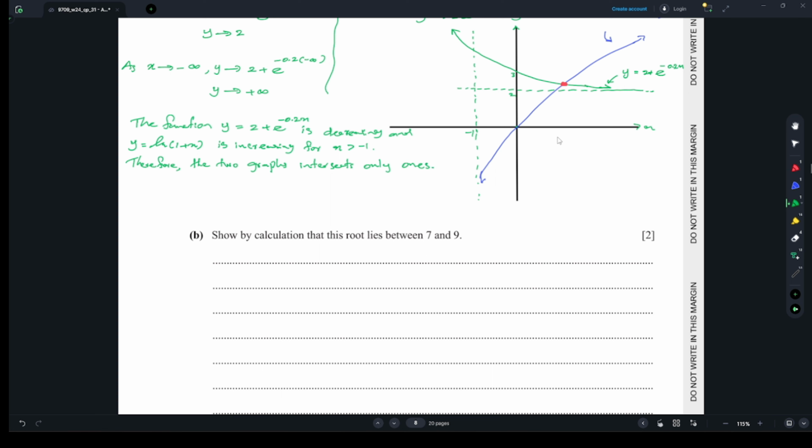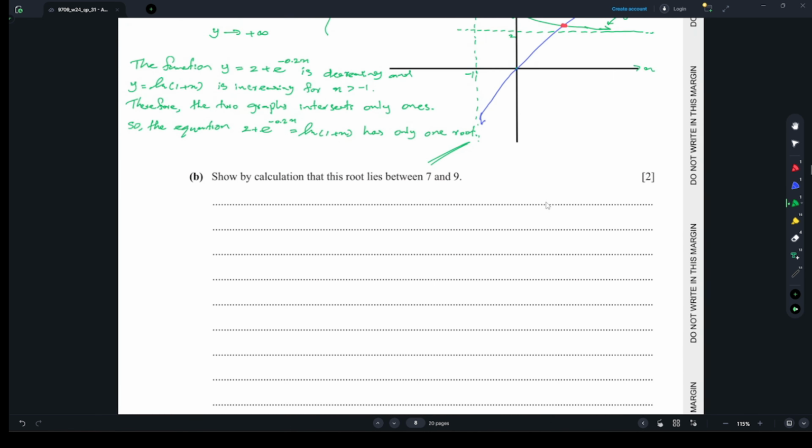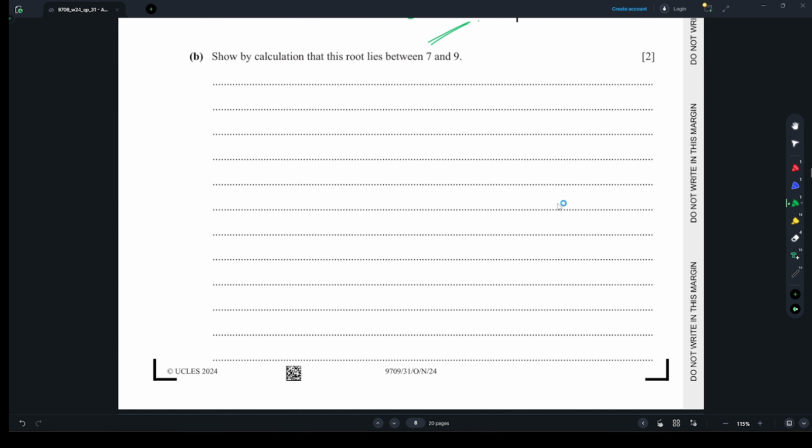Only once. So the equation 2 plus e to the power minus 0.2x equals ln x plus 1 has only one root. Okay, so we proved that it has only one root.